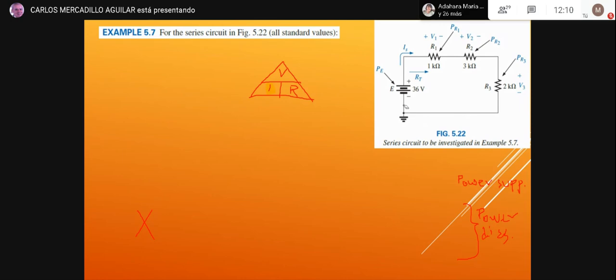Then we will have to obtain the value of the current because we don't know. So first we will have to obtain the total resistance. Once we obtain the total resistance, we put it here, and the voltage will be divided by the total resistance. But let's do it step by step.